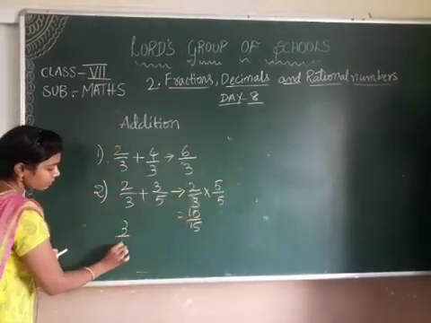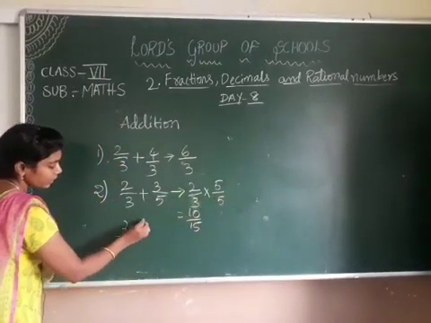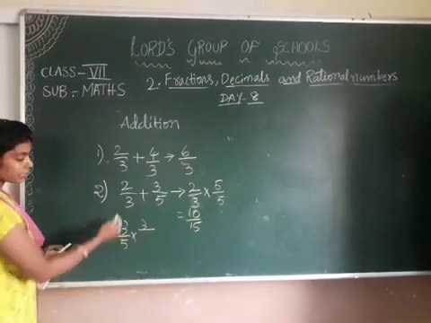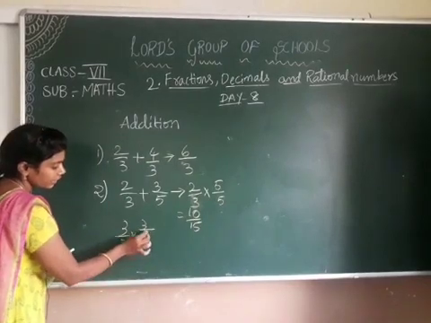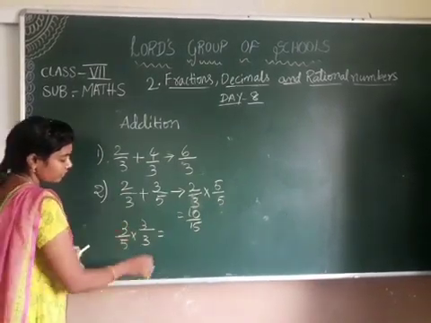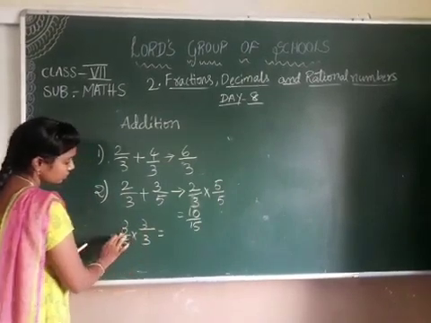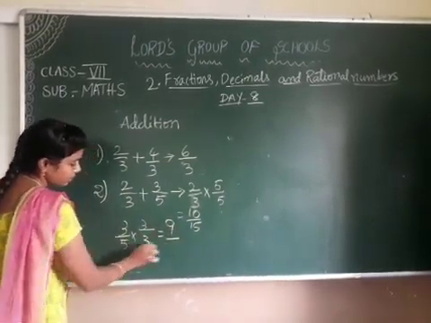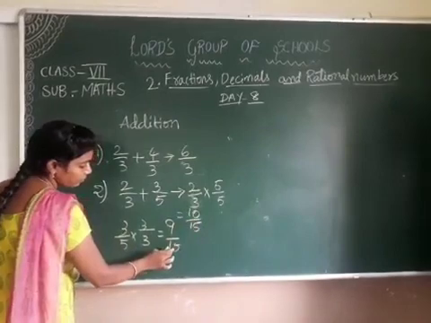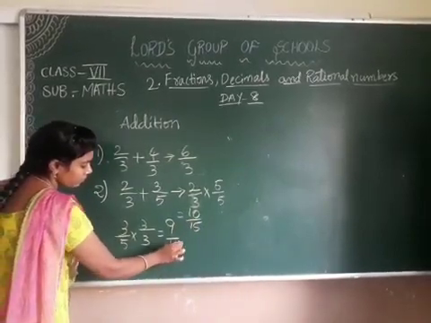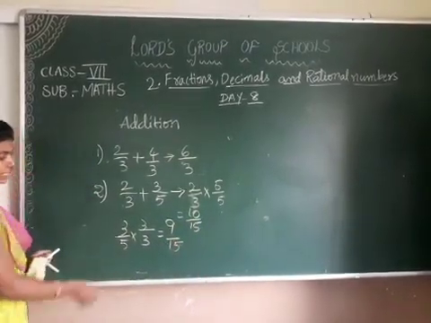Now 3 by 5, multiply the numerator and denominator by the denominator of the first fraction: 3 3s are 9, 5 3s are 15. So 10 by 15, 9 by 15. We have converted both to like fractions.